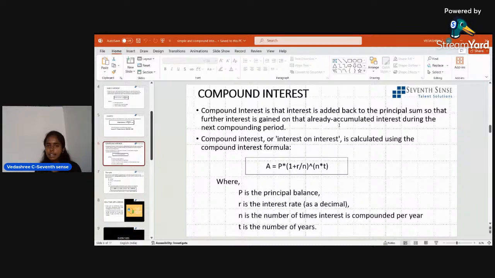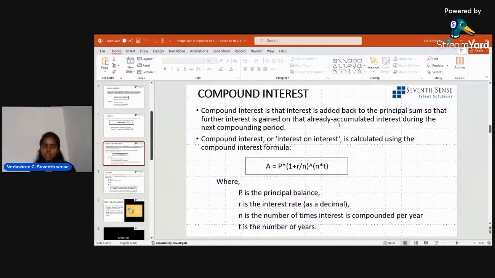So there will already be some principal amount which you have borrowed. The compound interest will be added back to the principal amount, and also to the already accumulated interest. So both interests will be added, and that is known as compound interest. Interest on interest. In simple words, compound interest is said to be interest on interest.